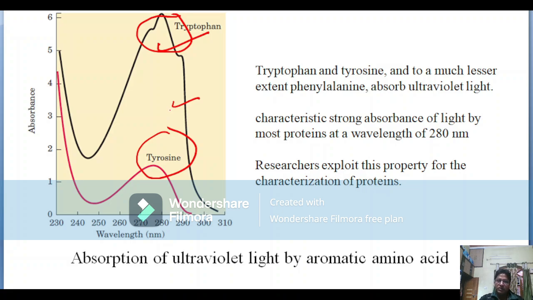So tryptophan and tyrosine absorb strong UV light at 280 nanometer, and to a certain extent UV light is also absorbed by phenylalanine. This helps in the characterization and concentration determination of the protein. We have to remember which amino acids absorb UV light: tryptophan, tyrosine and, to a small extent, phenylalanine. Specifically at 280 it is tryptophan and tyrosine, while phenylalanine shows a band around 240 nanometer.